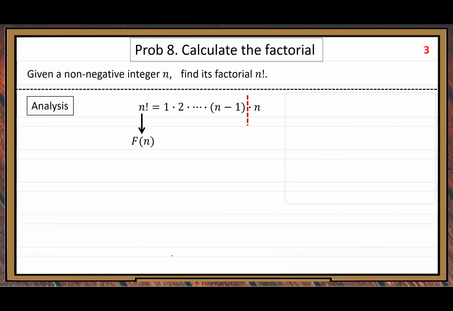Then divide and conquer. How do we divide? We draw a line to split this problem into two parts. Here, the line we draw just cuts off the last operand n. After we cut off that n, we need to calculate the result of the first n minus 1 consecutive positive integers.